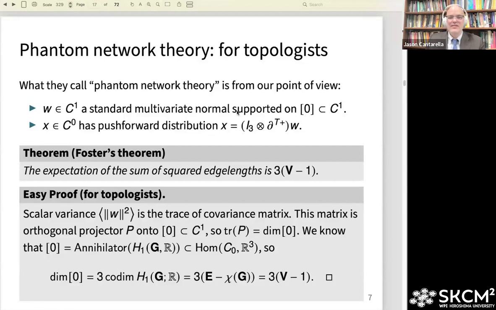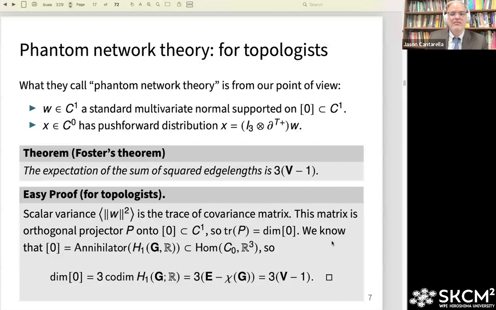Well, by the inverse of the co-boundary operator, or the pseudo-inverse, because again, it's not quite invertible. Okay, so that's interestingly weird, but here's a way to use that to make a sophisticated proof of an old theorem about phantom network theory.